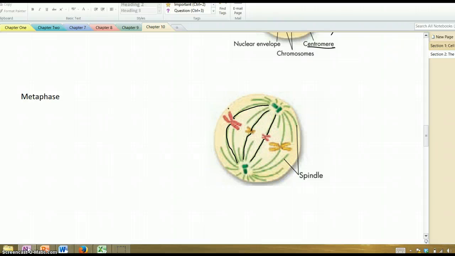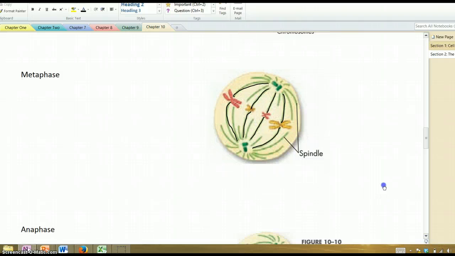So that's metaphase, the state at which they're sort of lined up with all the microtubules or spindle fibers attached to each chromosome, one coming from each end of the cell. Now here we're just showing 4 chromosomes, but of course in us there would be 46. We're just keeping it simple here.